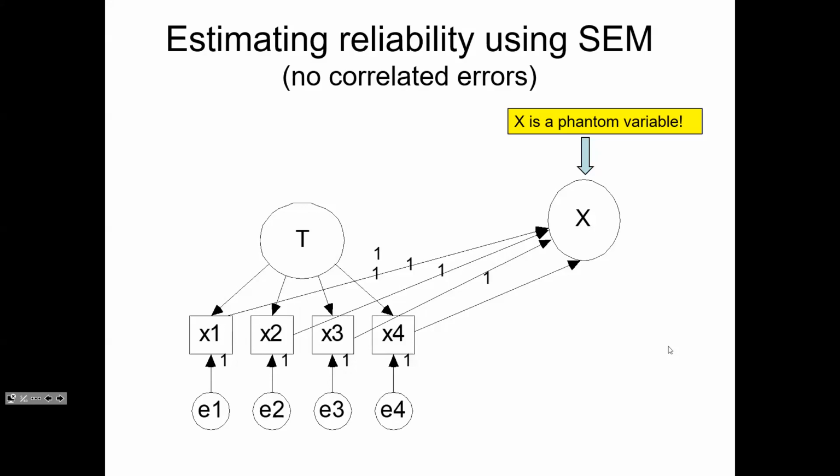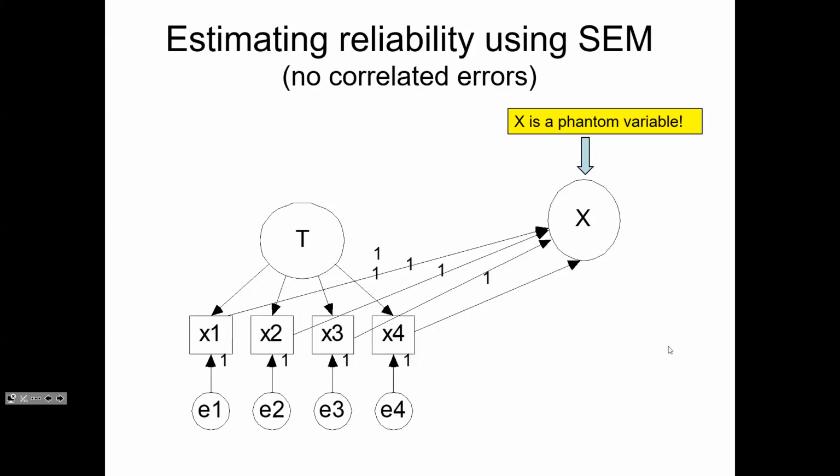Well, it becomes important going back to our model with our phantom variable. So I've got this funky latent variable with causal indicators. It's a phantom variable. That's X. And I've got T, my regular old unidimensional, plain old latent variable.